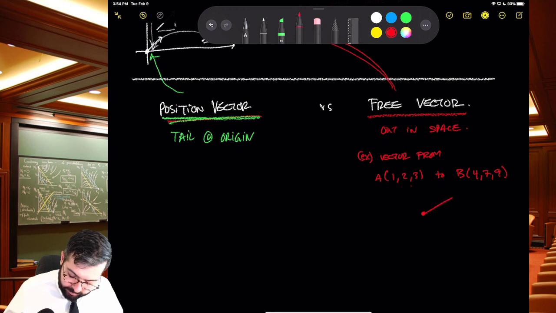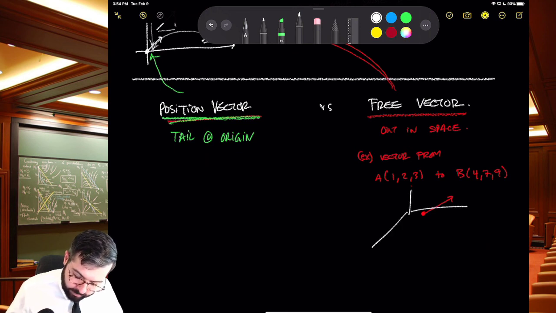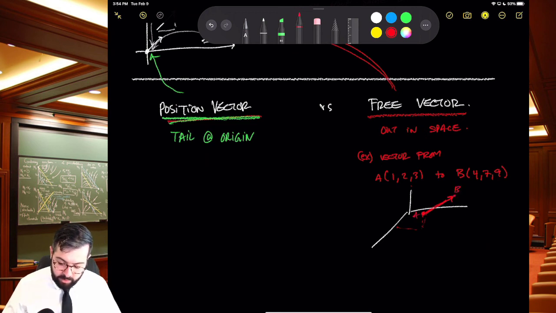It's doing something like this. Nothing too crazy. Again, just a rough sketch here. And this is out 1, 2, 3, 4, 7, 9. So here's A, here's B. And that is what it is, but we usually work with position vectors.